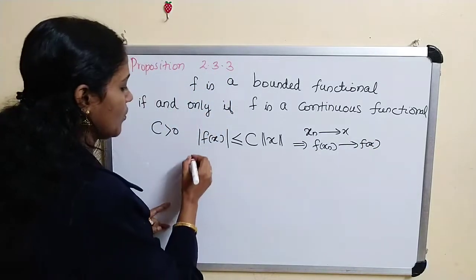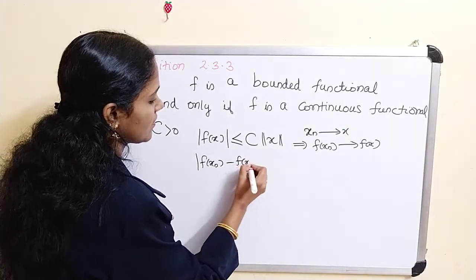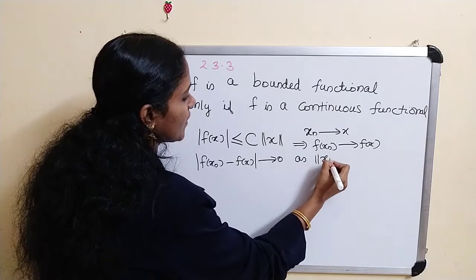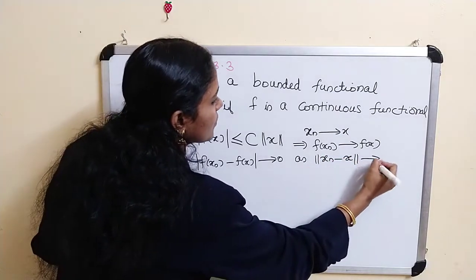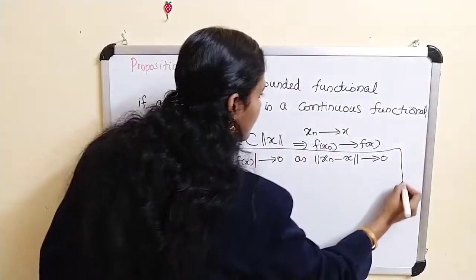That is, we have to prove modulus of f of xn minus f of x tends to 0 as norm of xn minus x tends to 0. This is what we have to prove.